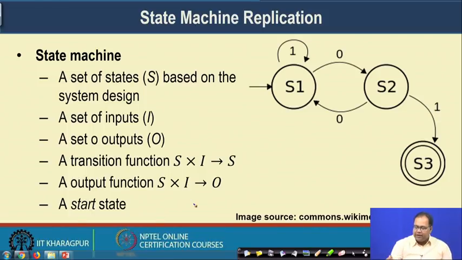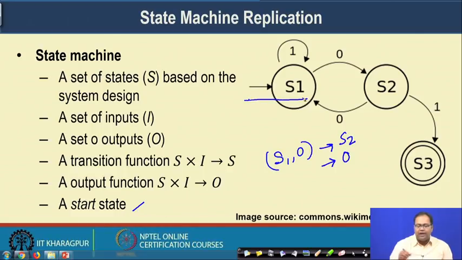In this particular example we do not have any output, but it may happen that if you have S1 and input 0, you move to state S2, that is your transition function, and at the same time you may produce 0 as output. So, for certain state machines you may have an output function, and there would be a designated start state. Here S1 is denoted as the start state of the system.